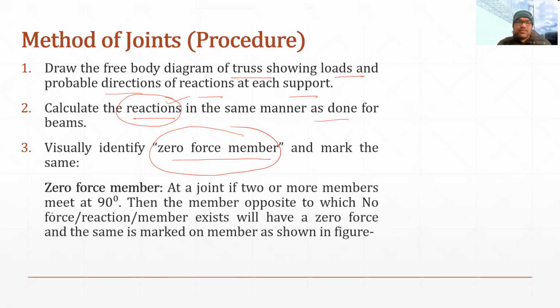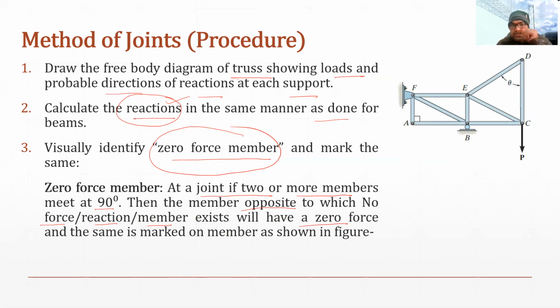For that I have given an indication here. It says at a joint, if two or more members meet, generally at 90°, then the member opposite to which no force, no reaction, no member exists will have zero force, and the same is marked on the member as shown in the figure.